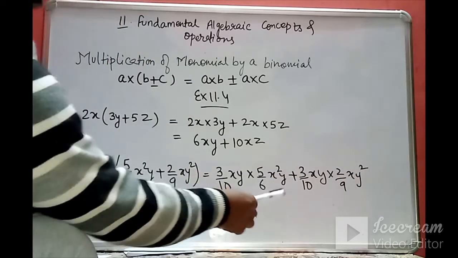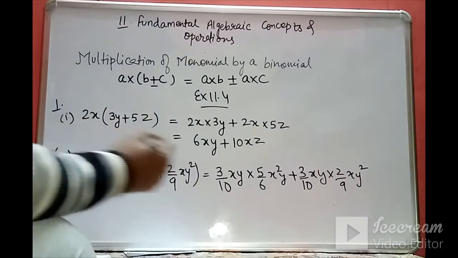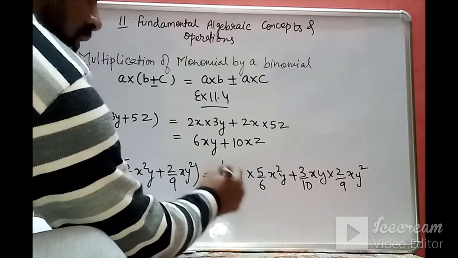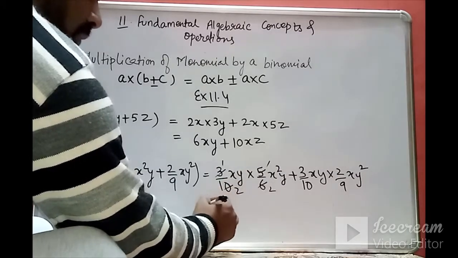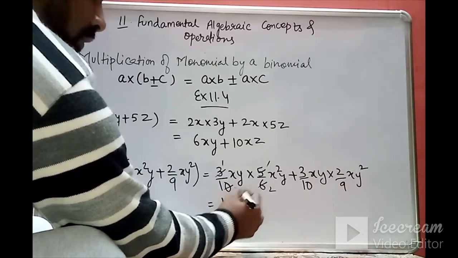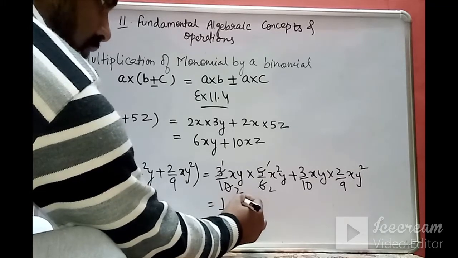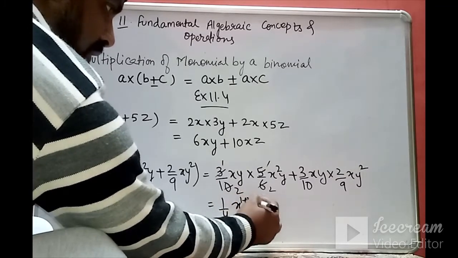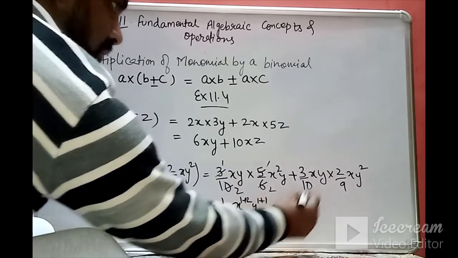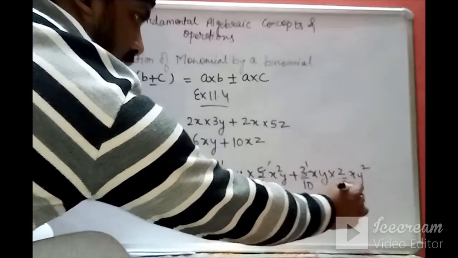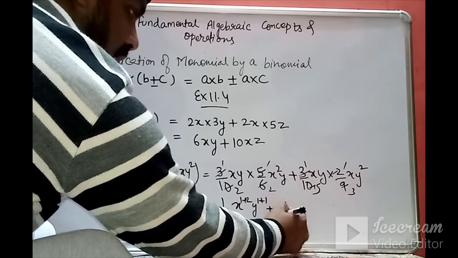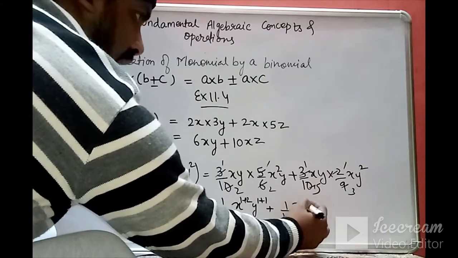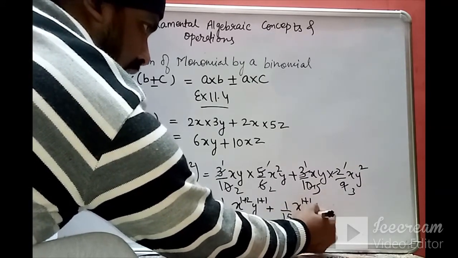Now see, this is the product of monomials again. So how are we solving it? 3 into 5 and 10 into 6 gives 1 upon 4, x to the power 1 plus 2, y to the power 1 plus 1. Then 3 into 2 and 10 into 9, so it will be 1 upon 15, x to the power 1 plus 1, y to the power 1 plus 2.